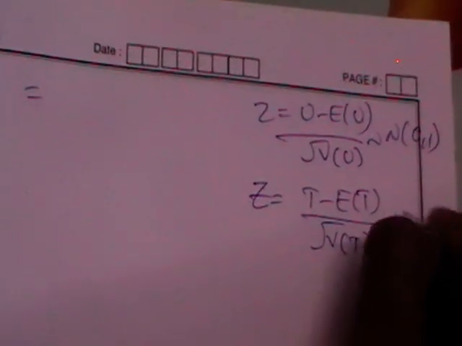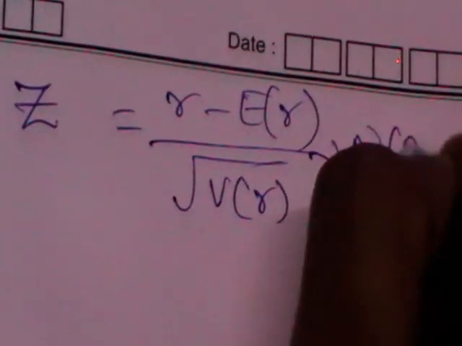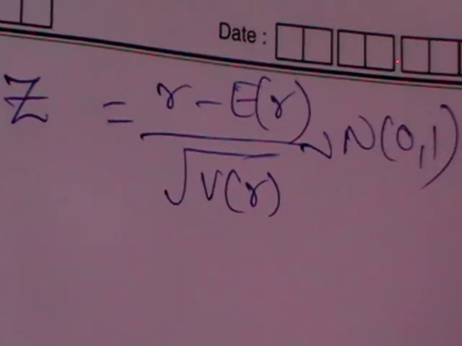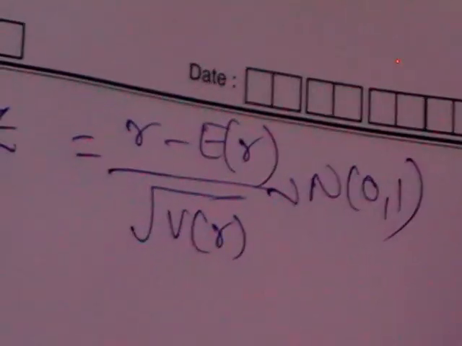In the previously discussed Wilcoxon signed rank test, it is T minus expectation of T by root over variance of T, which follows N(0,1). Here, as R is the test statistic, Z will be R minus expectation of R by root over variance of R, which is going to follow N(0,1).